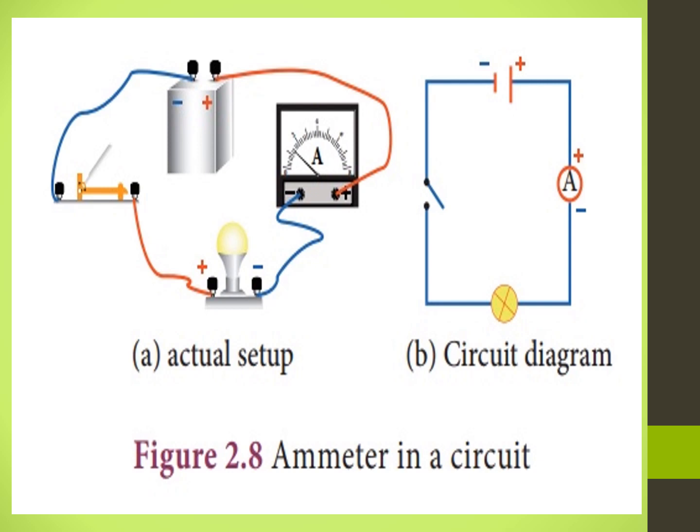After that, I is equal to 0.2. So I multiply T, 0.2 multiply 3600 is equal to 720 coulomb. Have you understood?